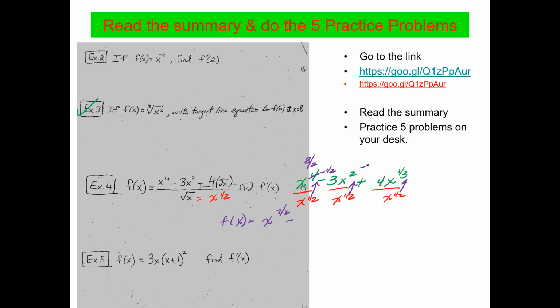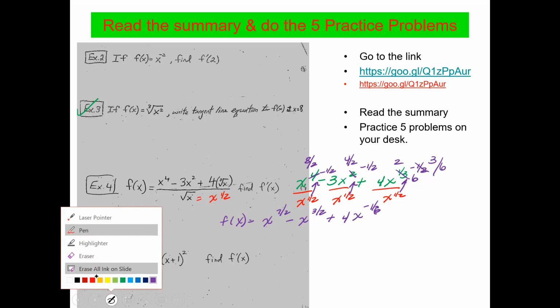Minus 2 minus 1/2. You don't want to have a 2, you want a 4/2, which is going to be an x to the 3/2. Plus 4 minus 1/2. Well, with this one, you would have to have a 6, 2/6. This one will have to have a 6 as well, 3/6. So this will be x to the negative 1/6.